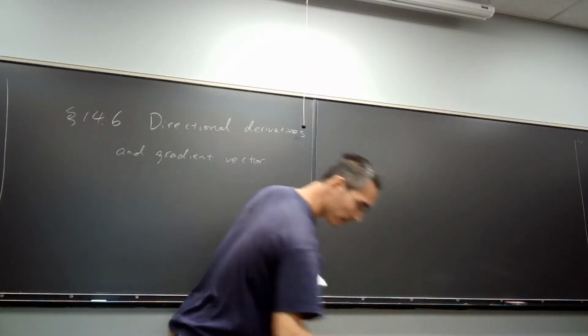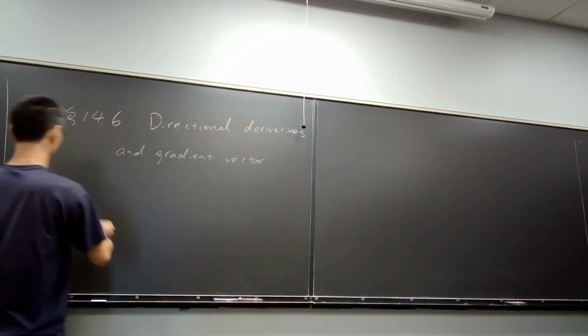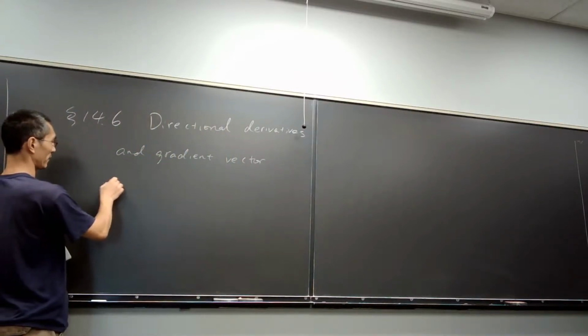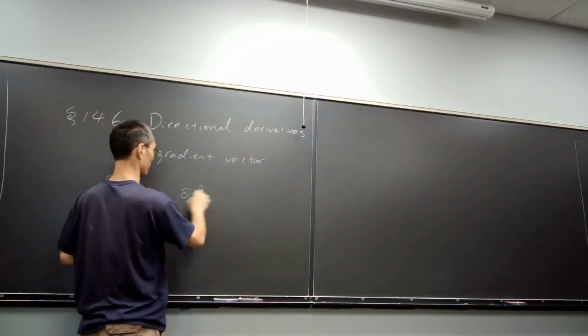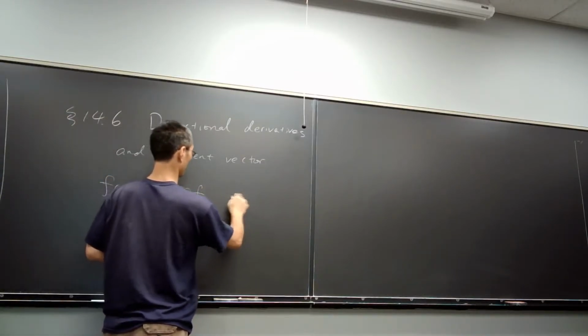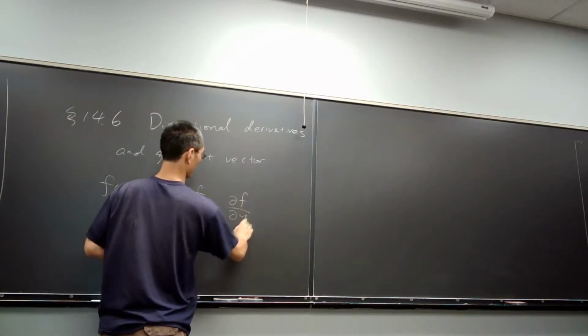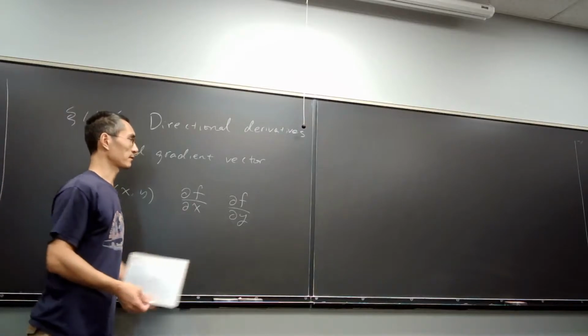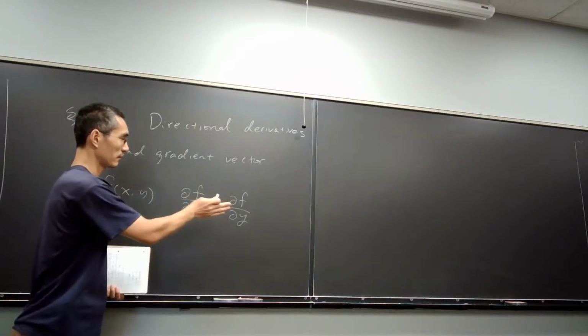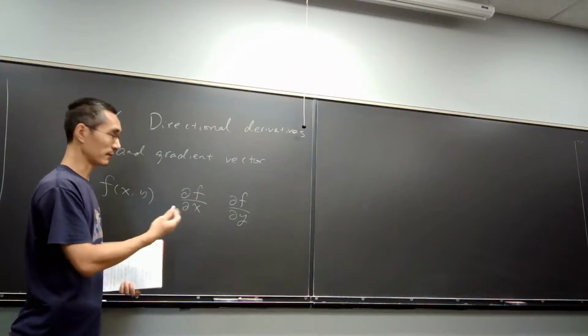We have learned what a partial derivative is, say for a function of x and y. The partial derivative along the x direction means we fix y and treat x as the variable. If we take the derivative along the y direction, then you take the derivative as a function of y with x fixed.